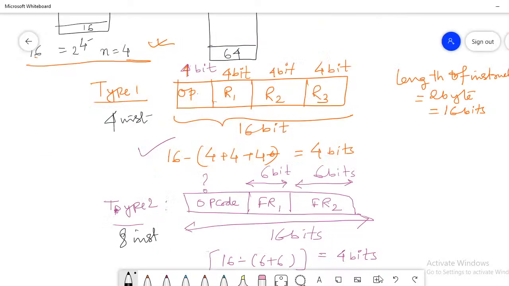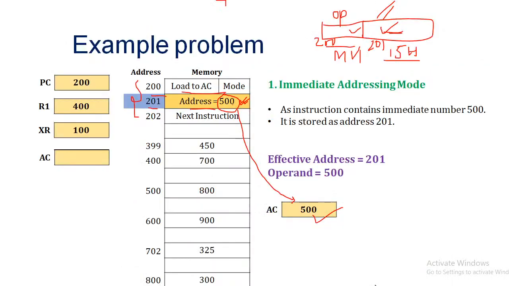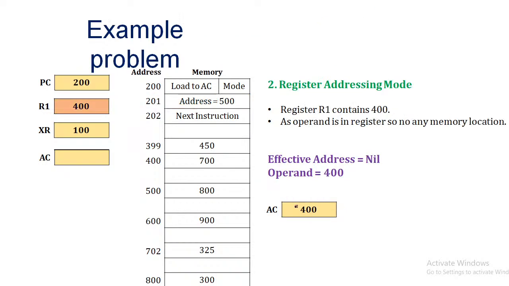Now in case of the second one, that is register addressing mode, we will have the register R1 which will contain the value of the operand.